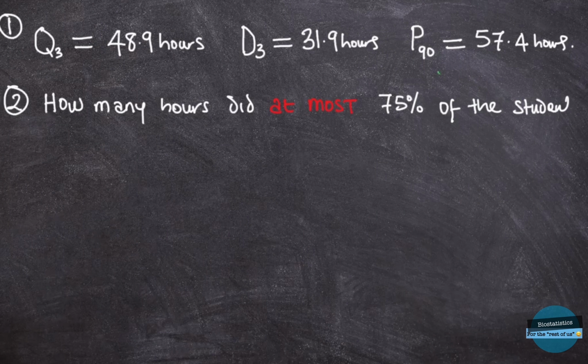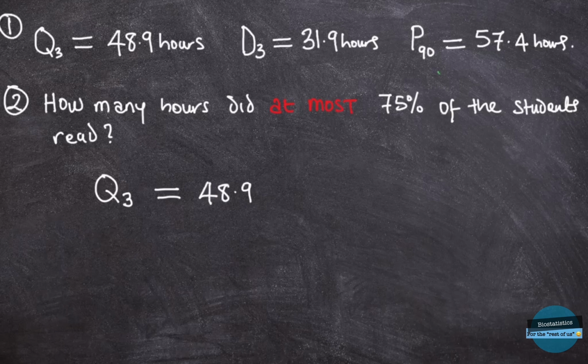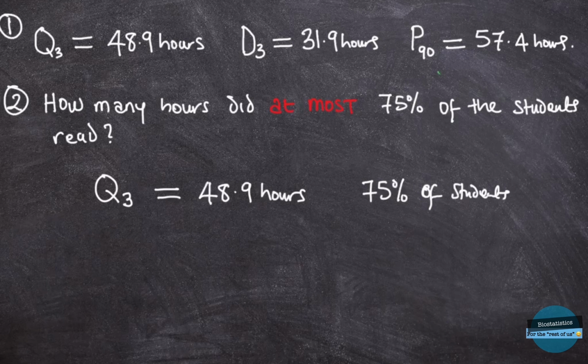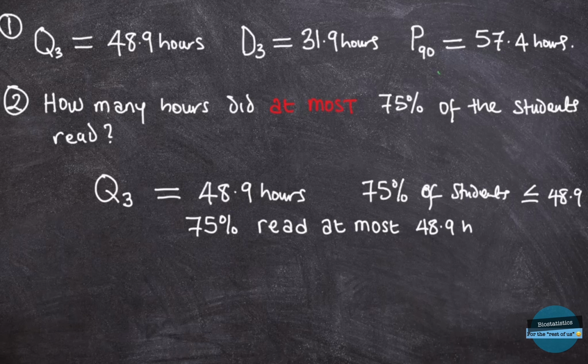This is just indirectly asking us about our third quartile, because at the value of the third quartile, 75% of the students read at or below that value. So our Q3 is 48.9 hours, right? This means that 75% of the students read 48.9 hours and below. So the highest or the most that 75% of the students read was 48.9 hours. At most 48.9 hours, right?